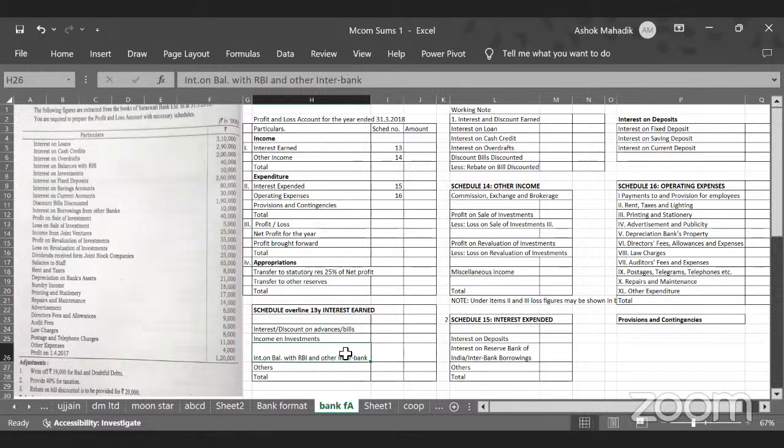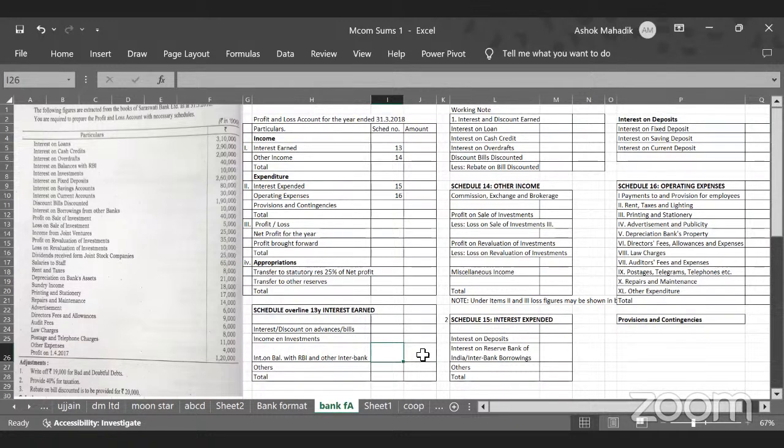In that, see schedule number 13 below P&L you can see interest on RBI. So there is a separate heading for this, so you can directly post this item here. We'll first go through all the items once again, since many have requested me to go slow. So I'm discussing all the items once again and giving proper explanation.